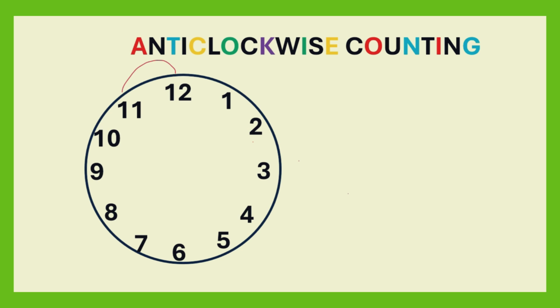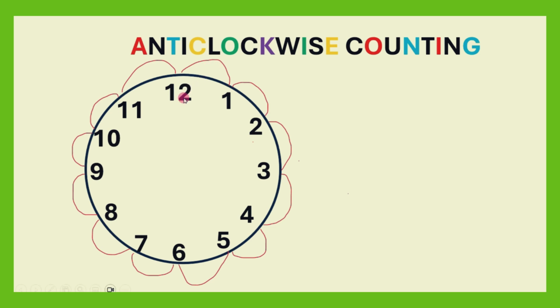That will be from 12 to 11, 10, 9, 8, 7, 6, 5, 4, 3, 2, 1, and 12. This is anti-clockwise. It goes in the left direction, the opposite direction. This is what we call anti-clockwise counting.